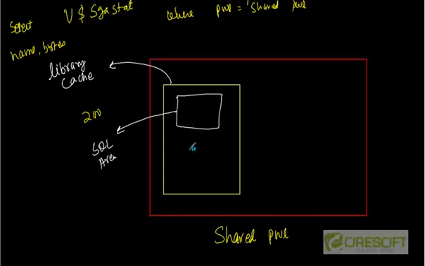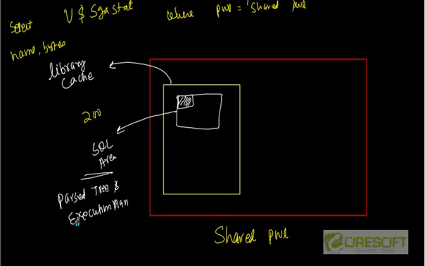Then the remaining things. In the SQL area, what am I going to have? A shared SQL area contains the parse tree and execution plan of a SQL statement. So whenever we do select star from emp, whatever the parse tree and execution plan, that is going to take some memory here.